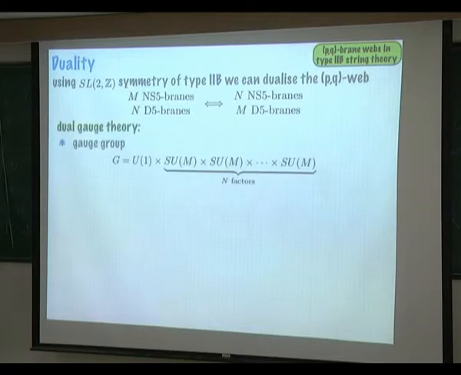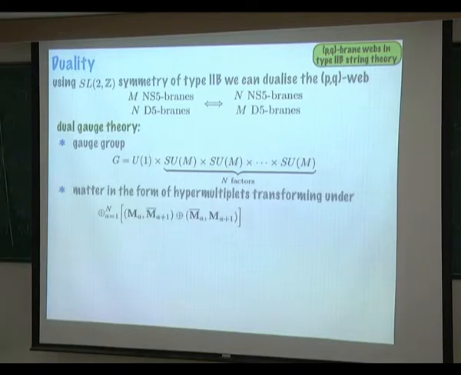What I end up with looks very similar, except for M and N being interchanged consistently. So I have a gauge group which is U(1) times N factors of SU(M). And the matter is now made up from hypermultiplets transforming in this representation, where now M is the M-dimensional fundamental representation of the A-th and (A+1)-th SU(M) gauge group here.